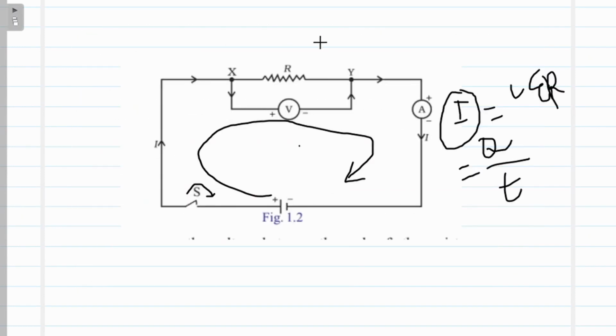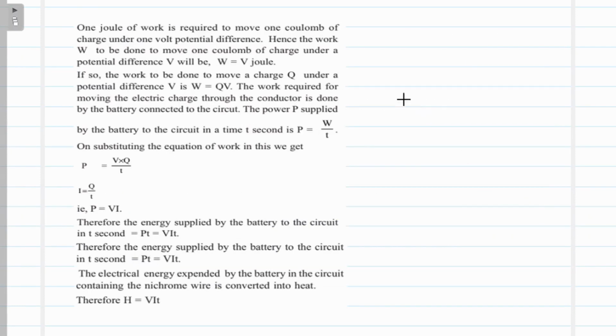The current changes are done by the voltage and resistance, so some work is done here. That work is measured in joules, done by voltage and charge: 1 coulomb of charge under 1 volt potential difference.